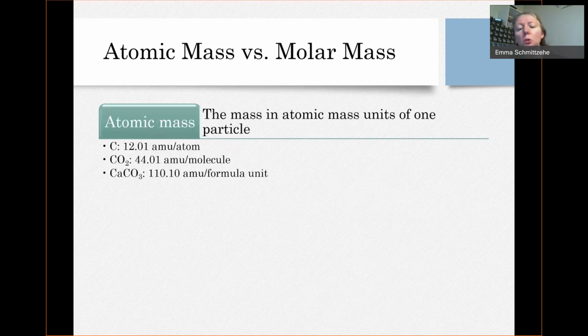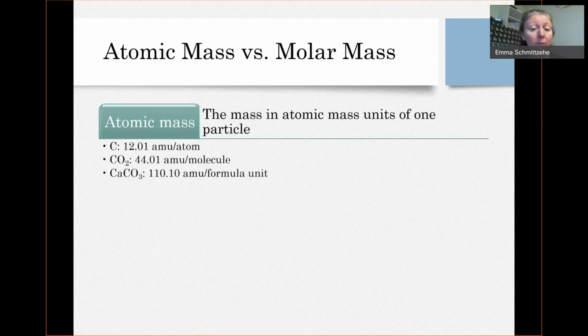Now, the CO2, that comes also from the periodic table. It's just not directly there. You have to figure it out from what's given on the periodic table. So CO2 is not on the periodic table, but carbon is and oxygen is. And each CO2 contains 1 carbon and 2 oxygens.